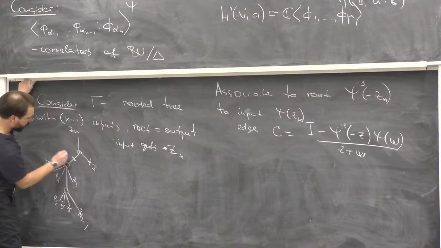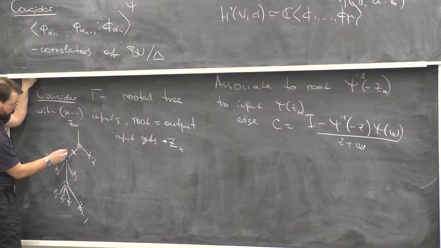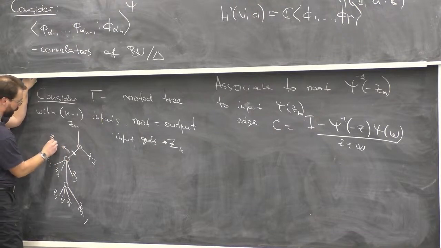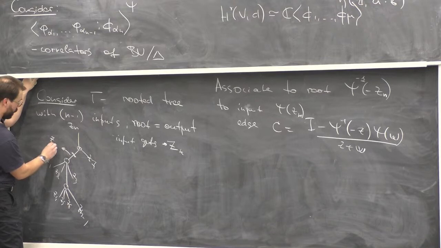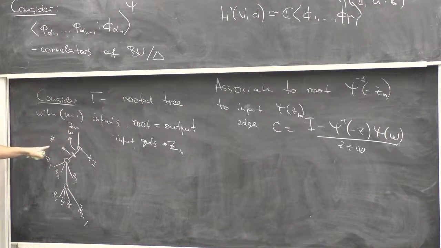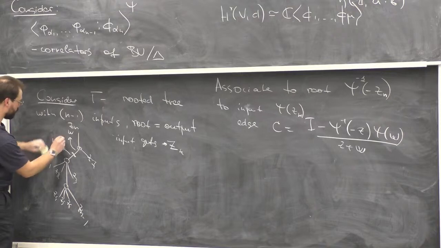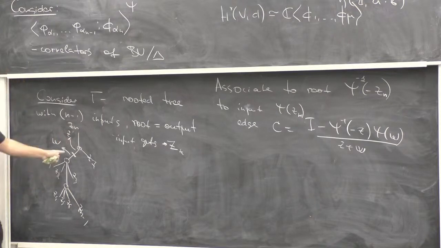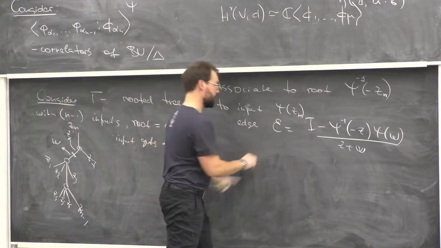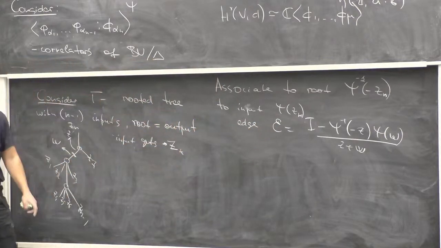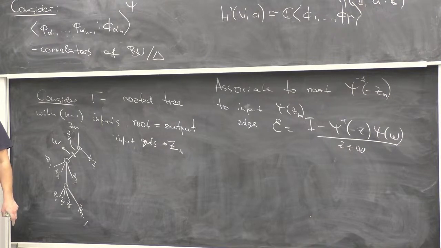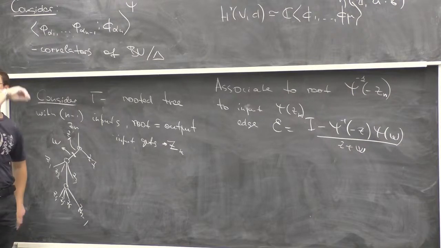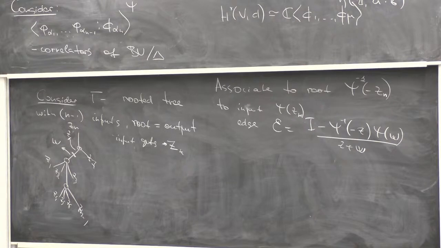Also, every edge consists of two half edges, and every half edge gets its own variable, let them be w and z. Then the edge operator is exactly in these variables. So altogether, the whole picture depends on n variables of inputs and output, and extra pairs: twice the number of the edges.